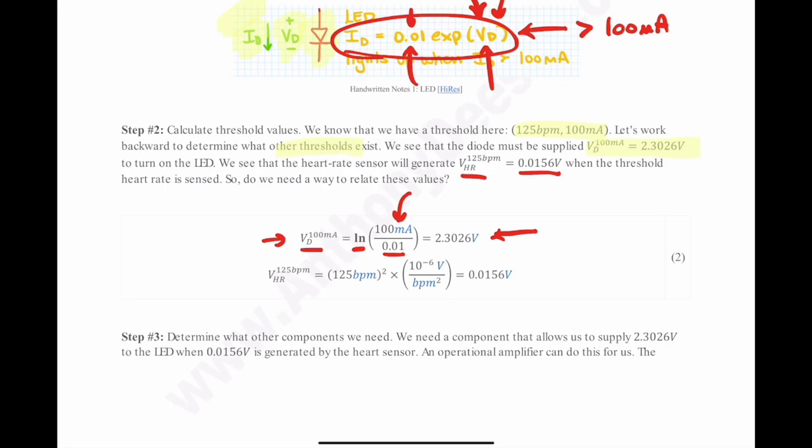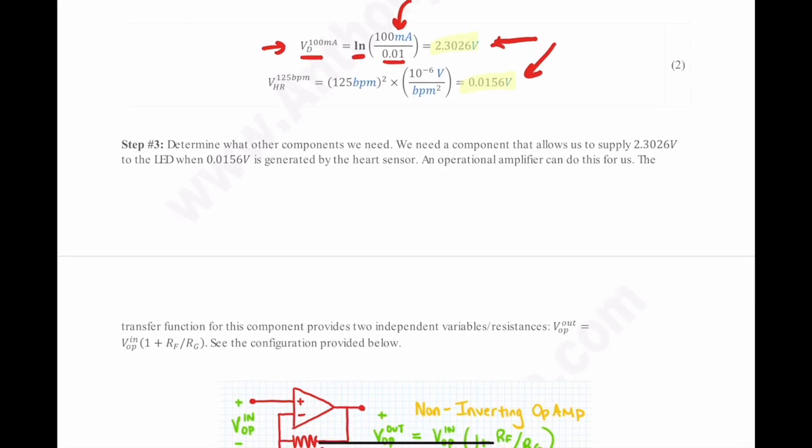So we need to figure out how to make these two values work together, 2.3 and 0.0156. We essentially want those to be the same. So what other components do we need? We need some component that is going to allow us to supply a voltage of 2.3026 volts to the LED when 0.0156 volts is generated by the heart sensor.